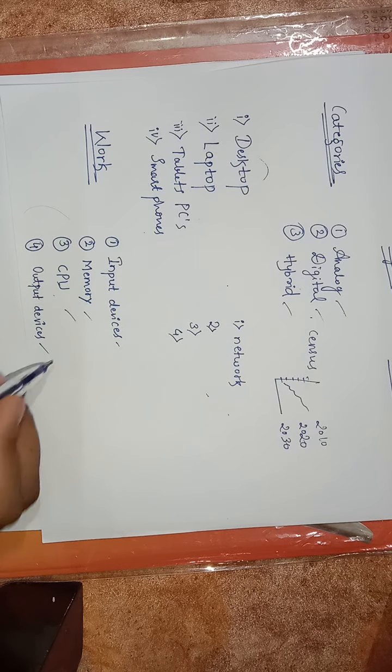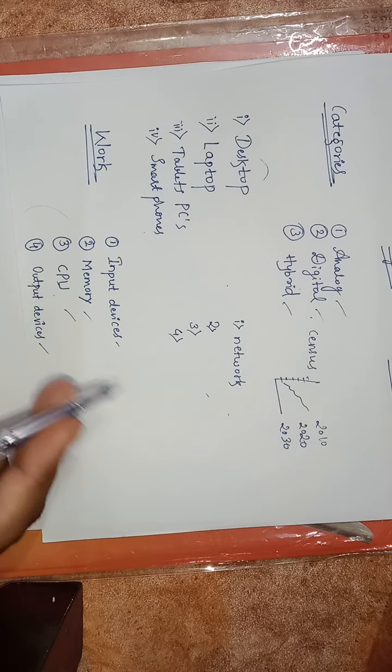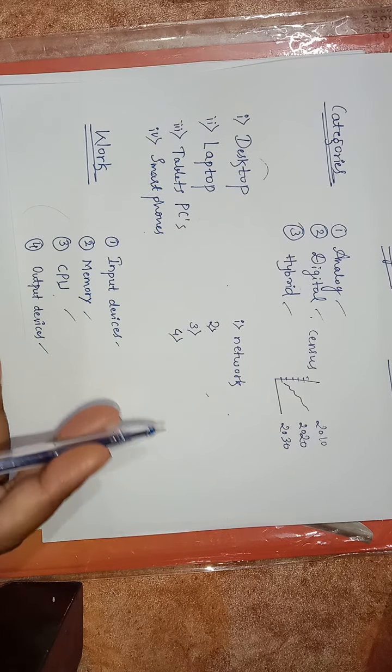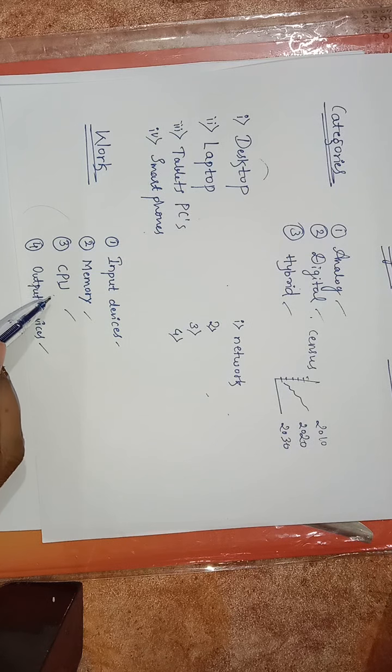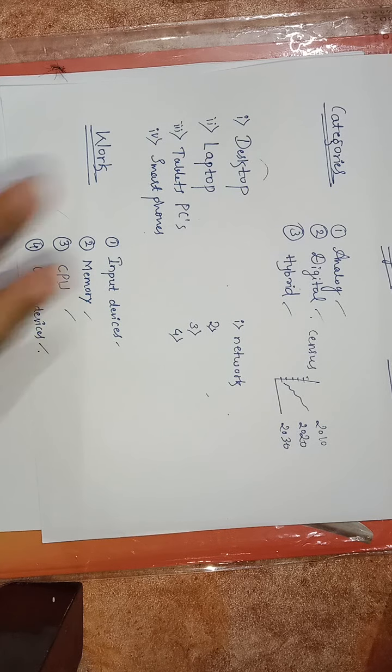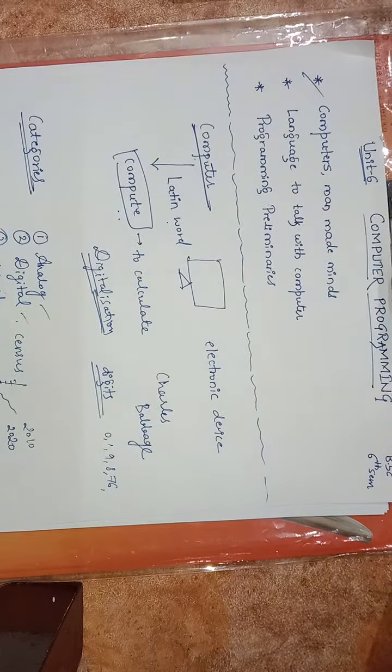And after that it displays the results, the processed data, using the output devices, right? So this is how a computer works. Here I told you the basic information you should know about computers.